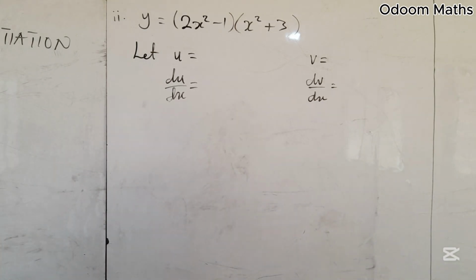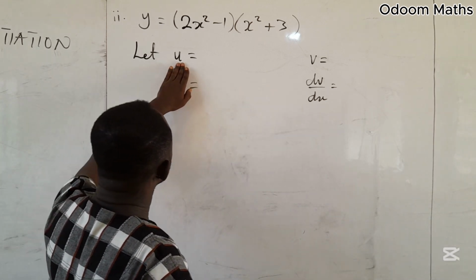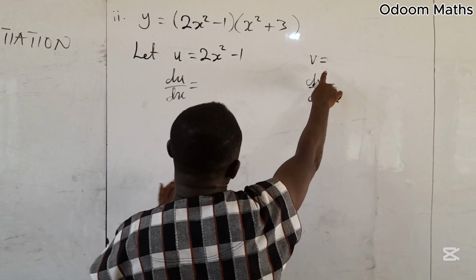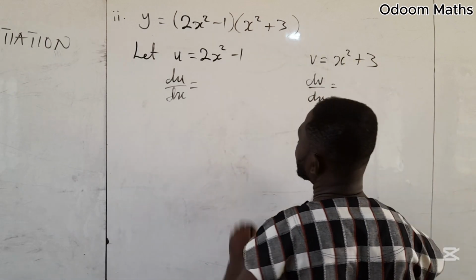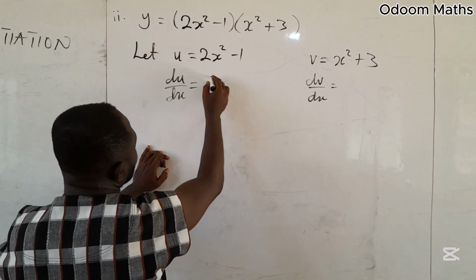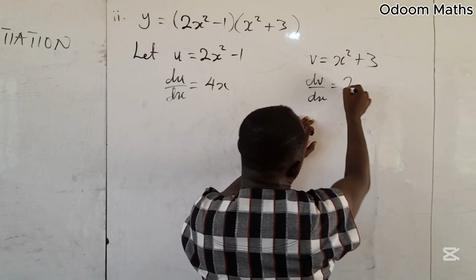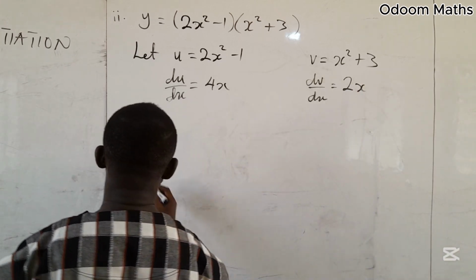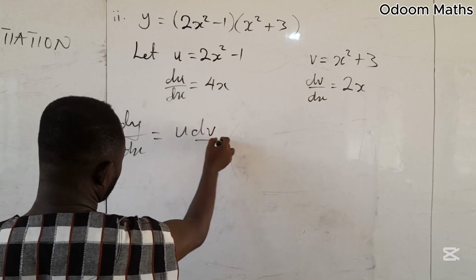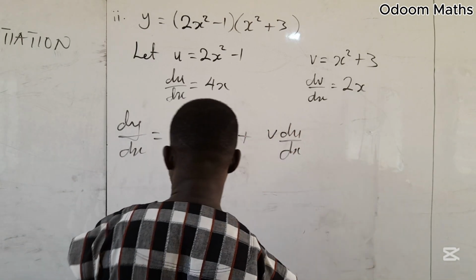So let's look at the last example. Now my u is the first one in the bracket, that is 2x squared minus 1, and then my v is x squared plus 3. Here my du dx is 4x, and this one will go away. Then my dv dx is also 2x. So the rule says that dy dx is equal to u dv dx plus v du dx.